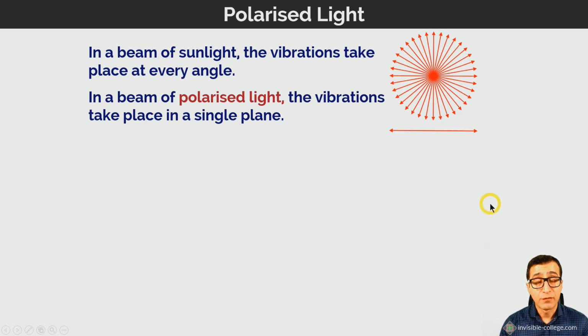Now, this is the effect of polarizing materials. Polaroid sunglasses, for example, and also polarizing filters for cameras, produce their effects by filtering out all except for one plane of vibration of light rays.